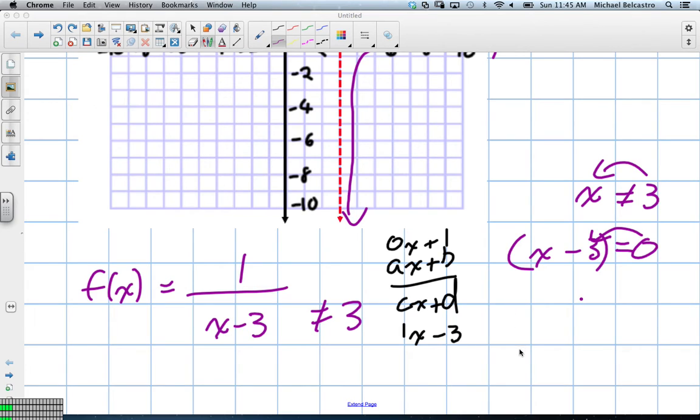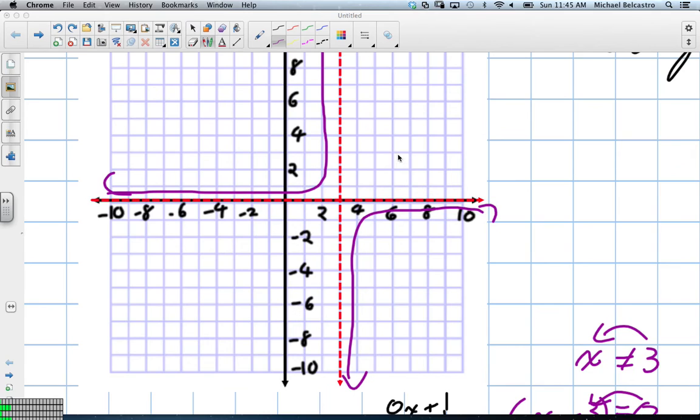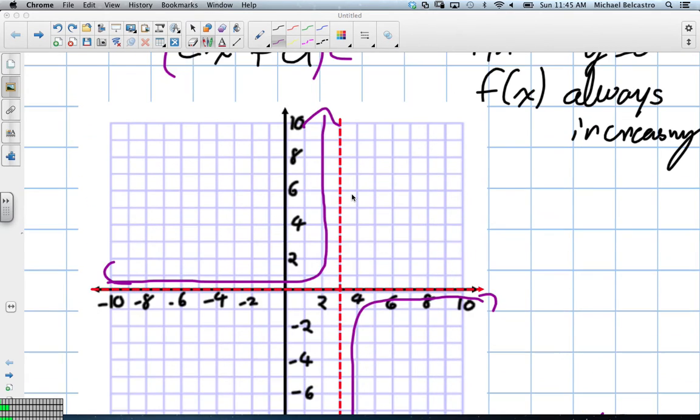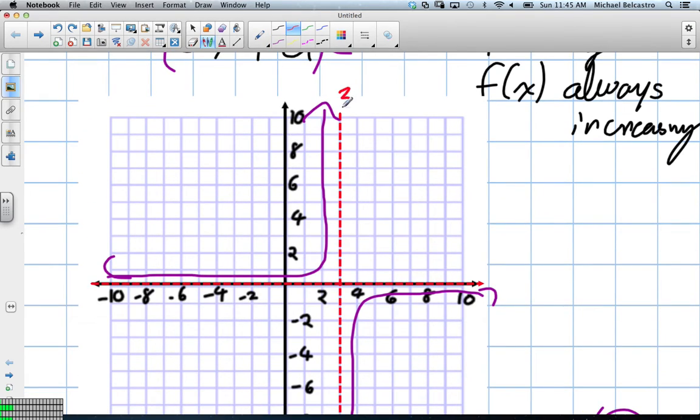In order to figure that out, we had to look at our values to the left and to the right of our vertical asymptote at 3, right? So any value to the left, less than 3, we'll take a value like 2, and any value greater than 3, we'll take a value like 4, and see what it creates in the equation.